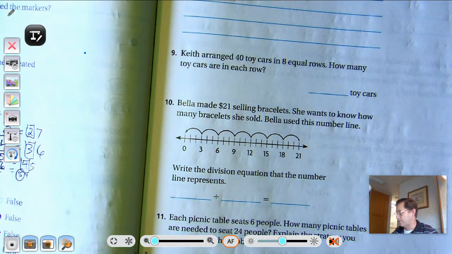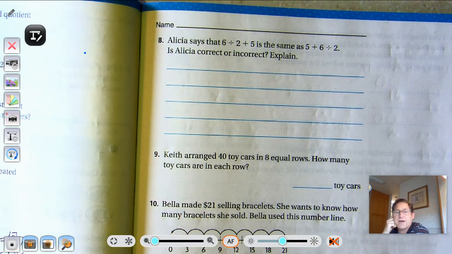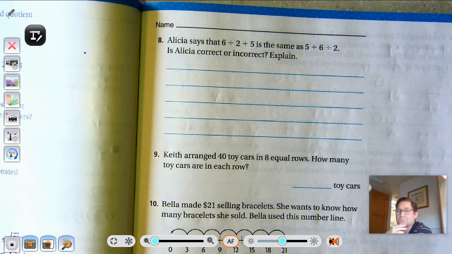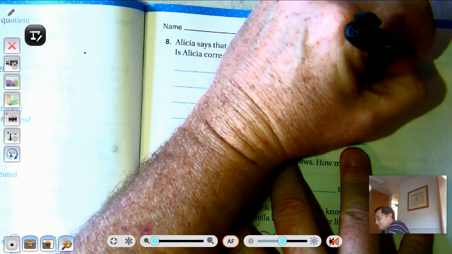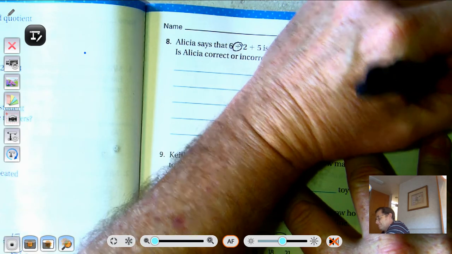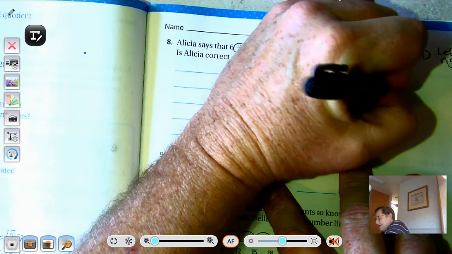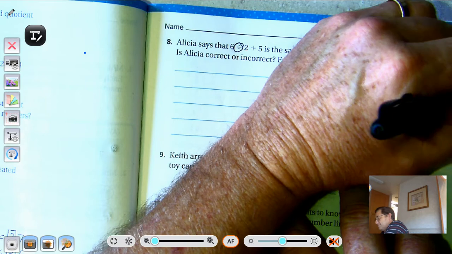Page 313, number 8. Alicia says that 6 divided by 2 plus 5 is the same as 5 plus 6 divided by 2. Is Alicia correct or incorrect? Explain. Okay, well, order of operations tells us multiply and divide left to right, then add and subtract left to right.